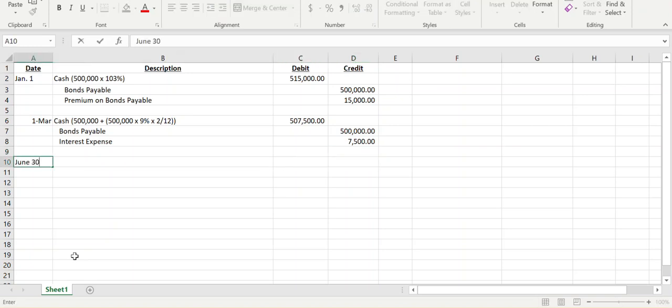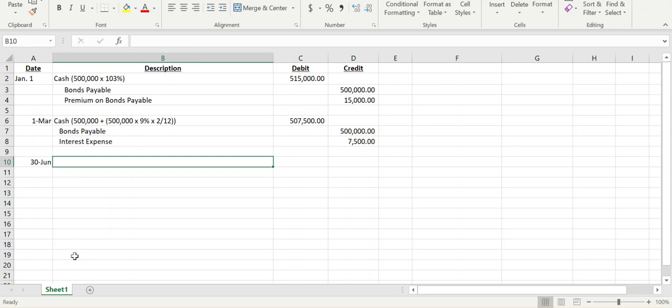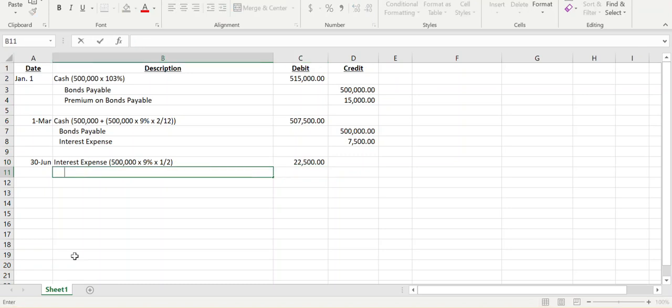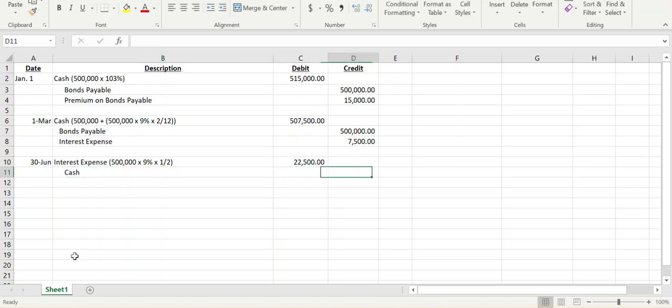So on June 30th, we actually have to issue some cash out for interest. So we have interest expense, again, 500,000 face value times the 9% interest, and it's semi-annual, so we're going to cut it in half. So we're actually sending the bondholder $22,500, and we're going to credit our cash for the same amount.